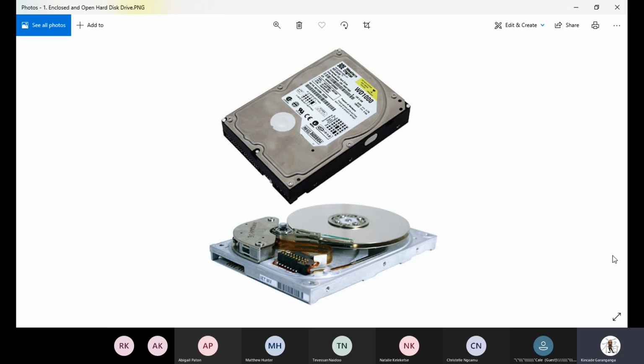In the one on the bottom, you've got the circular platter attached to read-write heads on actuators that are responsible for moving the heads. Like we mentioned before, you're reading from a drive, accessing content, and writing to it, storing content.